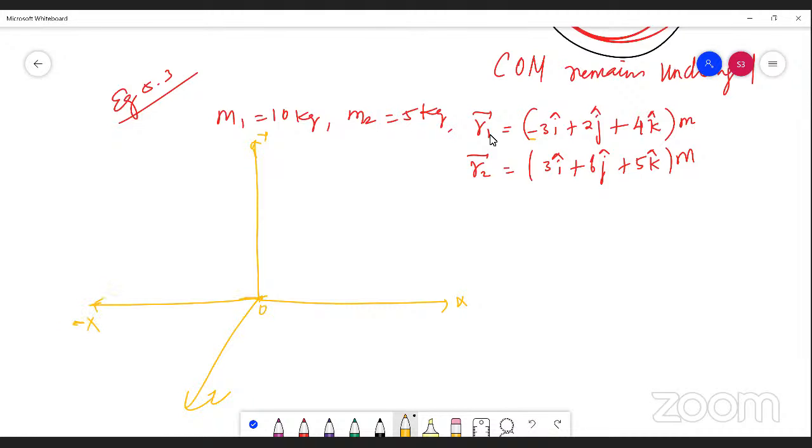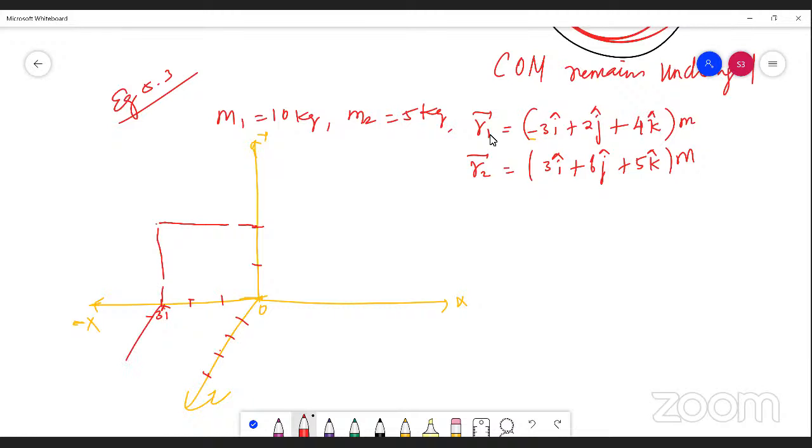Mass M1 is 10 kilogram, M2 is 5 kilogram. The position of M1 is minus 3i plus 2j plus 4k. So this is minus 3i cap, then 2j cap, and then 4k cap.